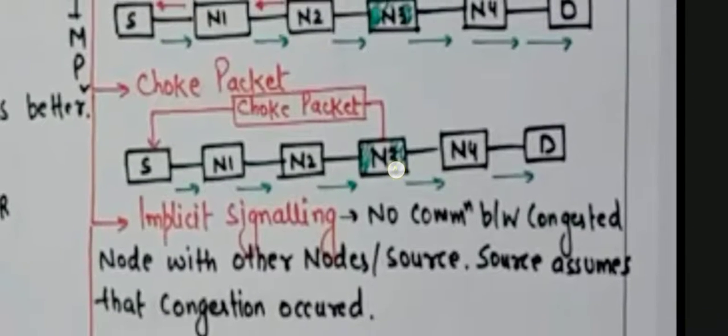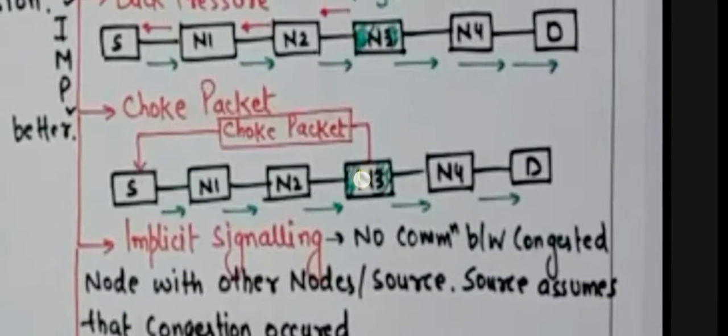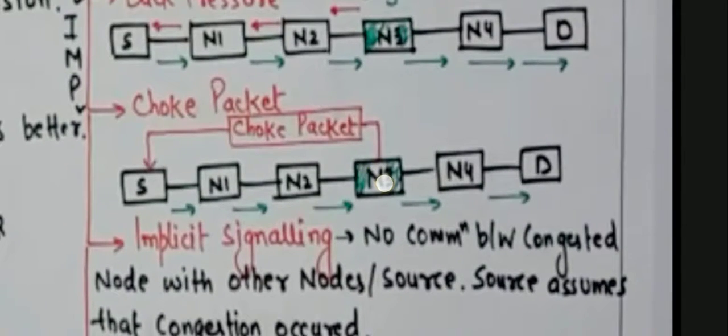Same as with the choke packet, you can verify that in explicit signaling the packet carries where the crash or collision will occur, and from there the information is sent to the source. That is called backward signaling, node to source, while node to destination is called forward signaling.